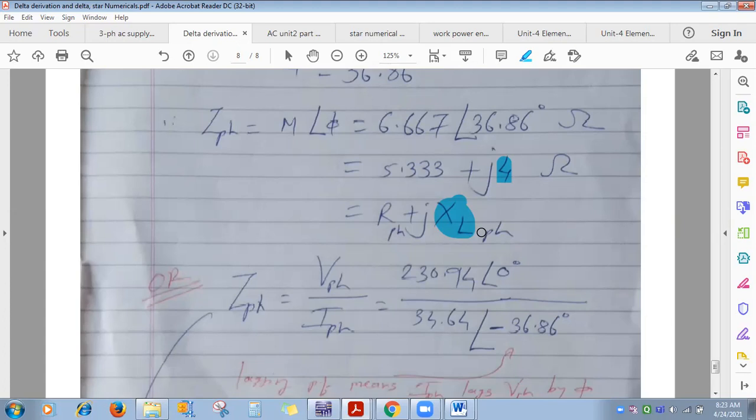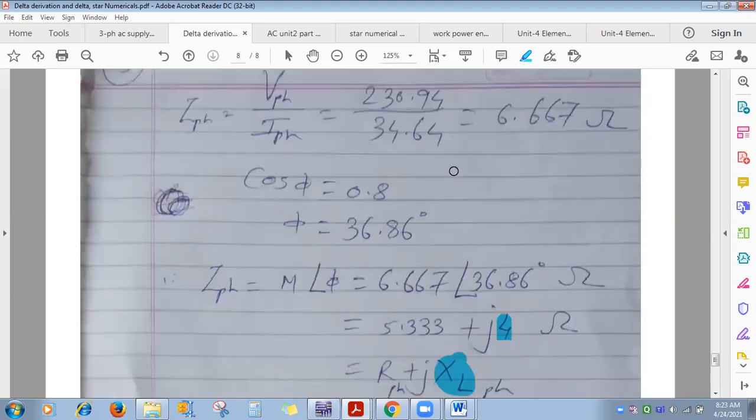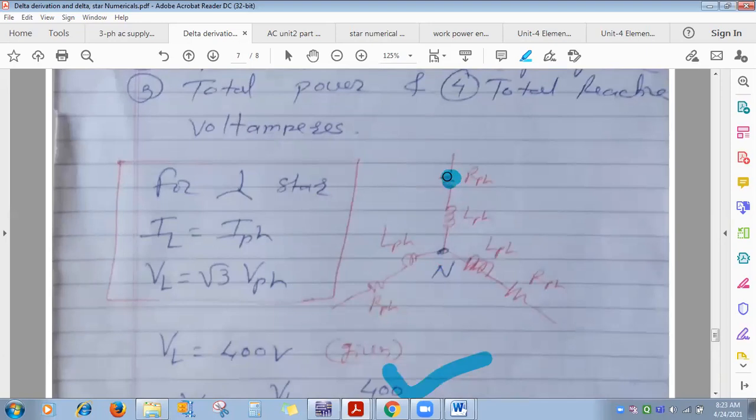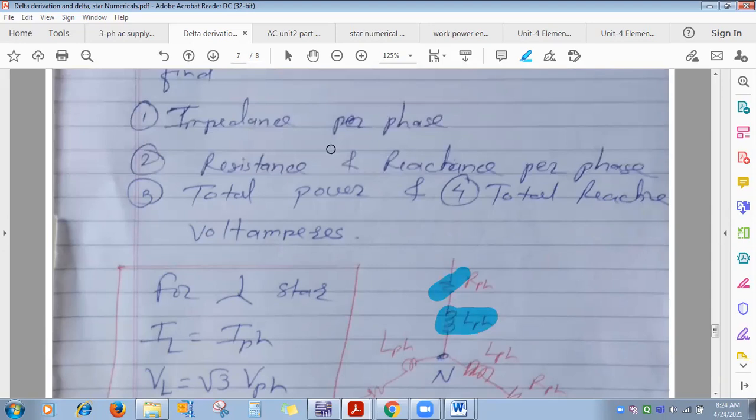Similarly, when they give the parameters, sometimes they give resistance in ohm and inductance in Henry, or resistance in ohm and inductive reactance in ohm, like this. Here see, reactance you have been asked to calculate per phase means in ohm. That also just observe carefully.